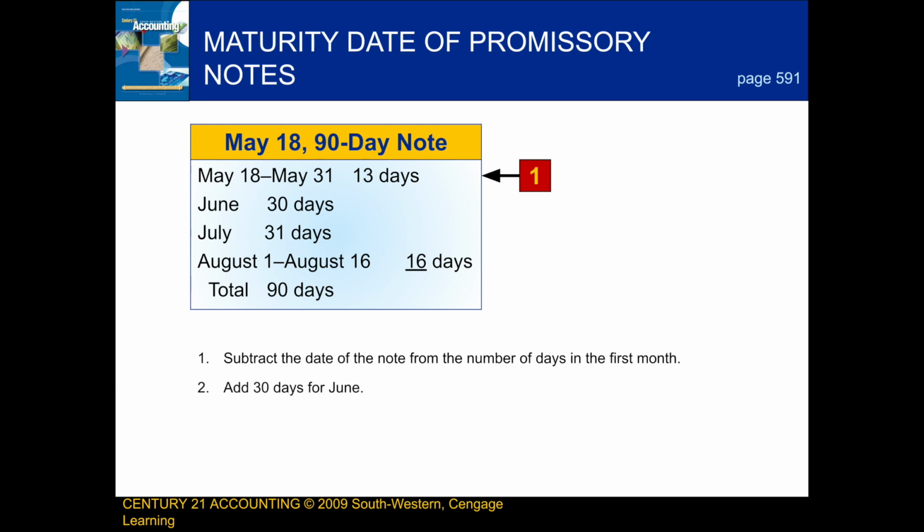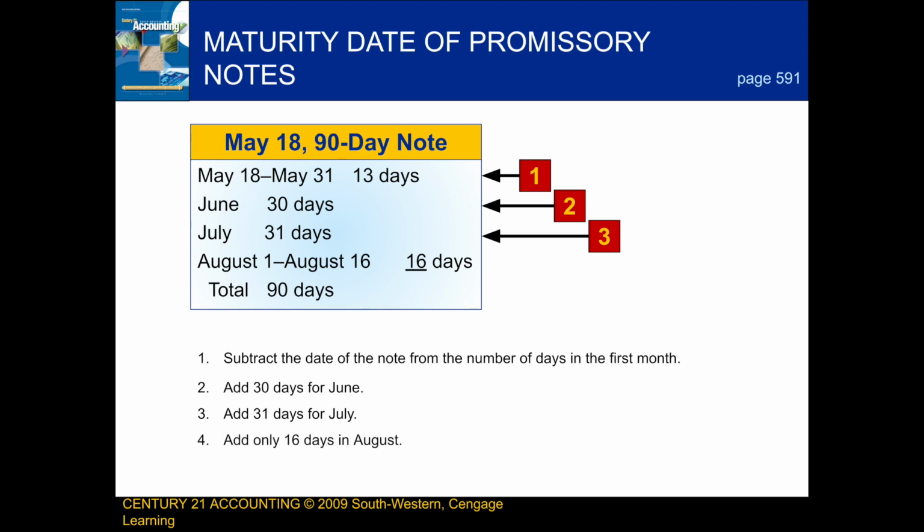Next, we add 30 days for June, which will get our total amount of days up to 43. After that, we add 31 days for July, which will get our total amount of days up to 74. And lastly, we add only 16 days in August in order to reach the total amount of days, which are 90.